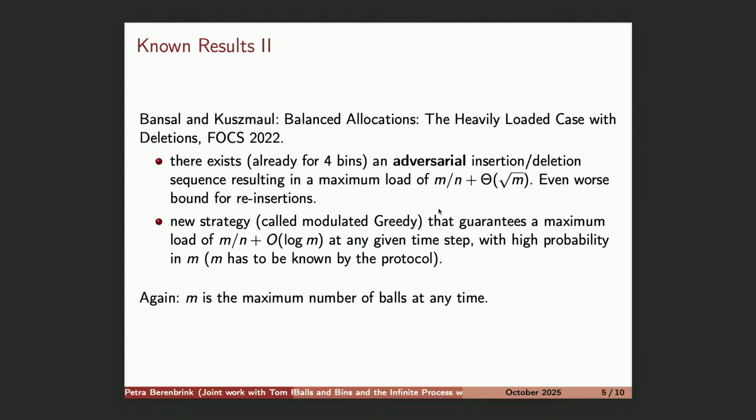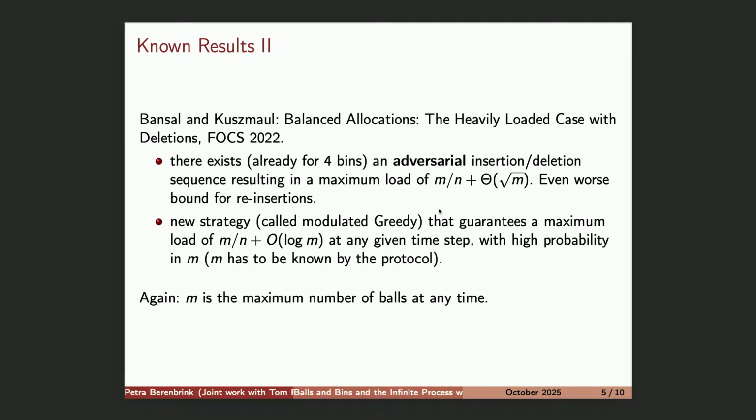So our work was basically motivated by a paper from a couple of years ago. There the authors looked at the heavily loaded case, so you insert and delete balls, and they looked at the case where an adversary determines the insertion and the deletion. And the result of that paper shows that there is a huge gap. So if an adversary determines when a ball is inserted and when deleted, we have a huge gap.